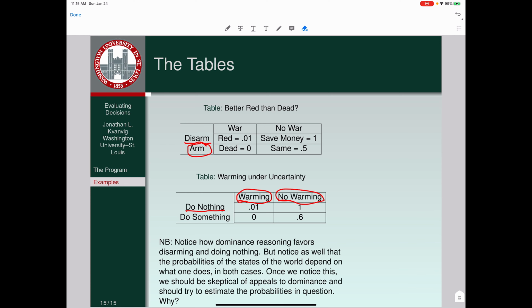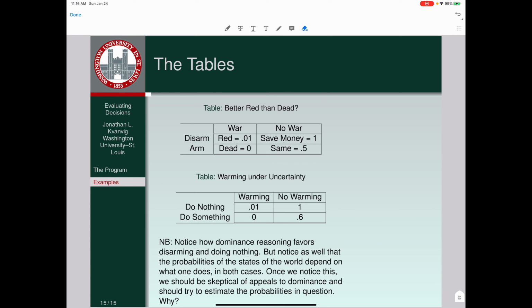This is the most crucial thing to think about when you're thinking about applying dominance reasoning. Dominance reasoning is perfectly good reasoning when the states and acts are independent. It is not good reasoning when the states and acts are not independent, because then you will get probabilities in each of these boxes that play a significant role in affecting what you should do, just as they did in the non-smoking case and the birth control pill case as well.